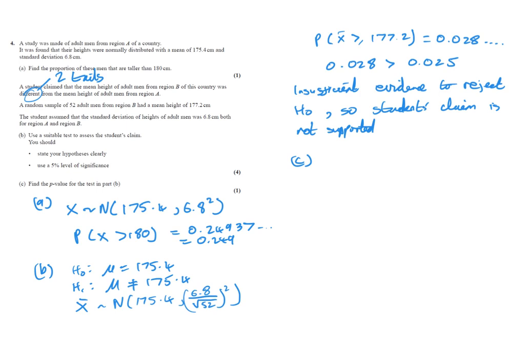So what is a p-value? P-value is the probability that if you take a value from this distribution, so you take another piece of data, that it is as extreme as your observed value. Okay, so it is at least as extreme as that value that you have, the observed data that you've already got.